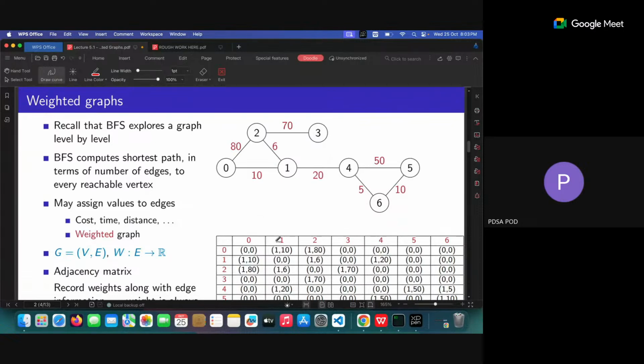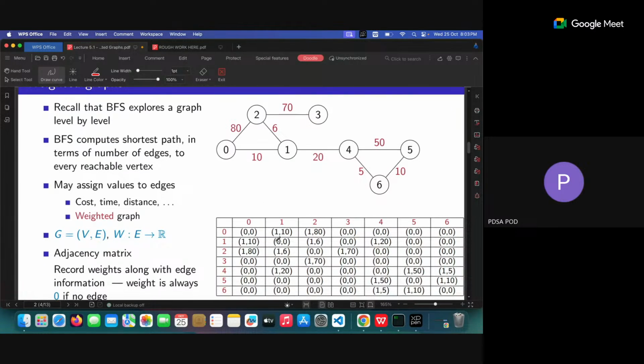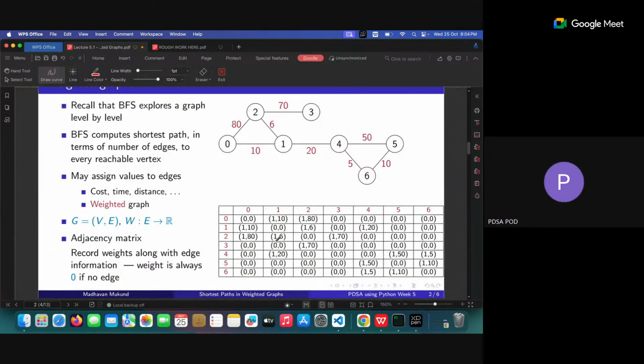When you recall BFS or DFS, whether it's breadth first search or depth first search, we are finding the graph in terms of levels, and the shortest path is in terms of the number of edges. Like you want to travel from 0 to 5, so we are counting the number of edges, like 1, 2, 3. That is what is happening in BFS or DFS.